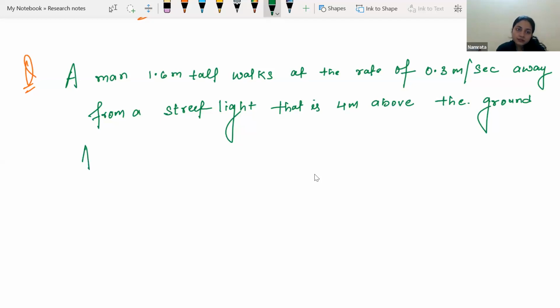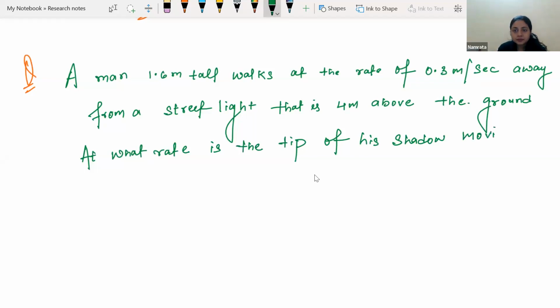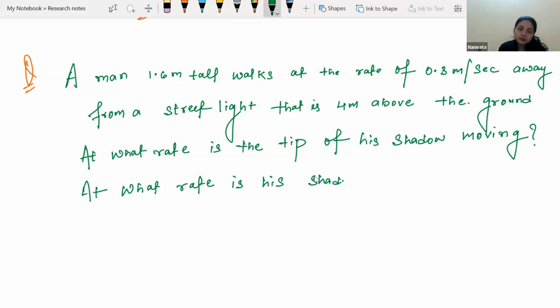At what rate is the tip of his shadow moving, and also we have to find at what rate is his shadow lengthening.